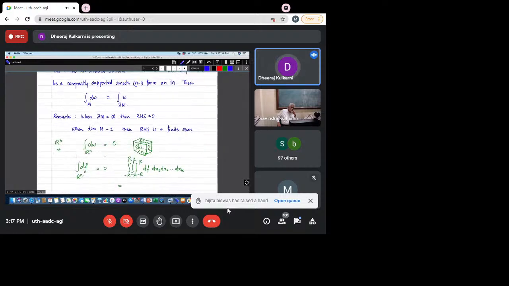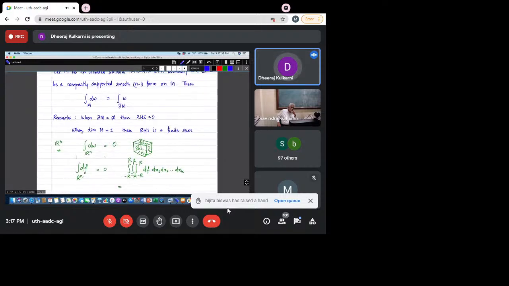Just a moment, I forgot to mention in the remarks what happens in the dimension 1 case. In dimension 1, the right hand side is an integral over a 0-dimensional manifold, and we saw that integration on a 0-dimensional manifold is to be interpreted as a sum.